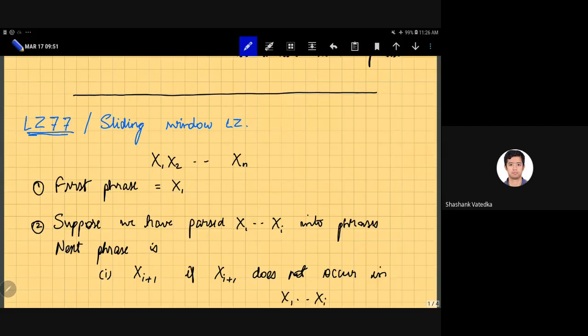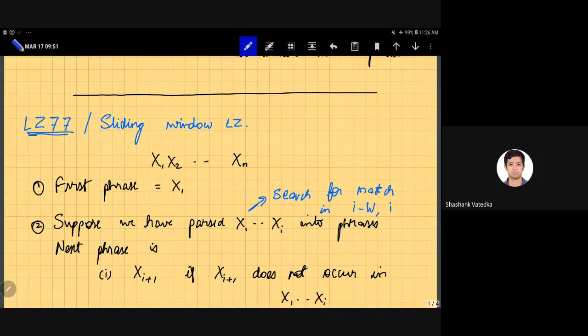But instead of that, you can search for a match not from 1 to i, but instead from i minus W to i for some fixed W, where W is typically called the window size.